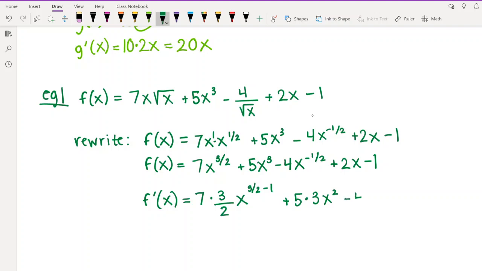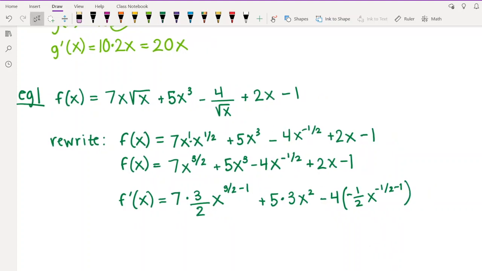Next one, we have -4, and then we're going to multiply that with -1/2, because that's the original exponent. And then our new exponent is going to be -1/2 minus 1. So we're going to have to figure out what that is. Next part, we have 2x.